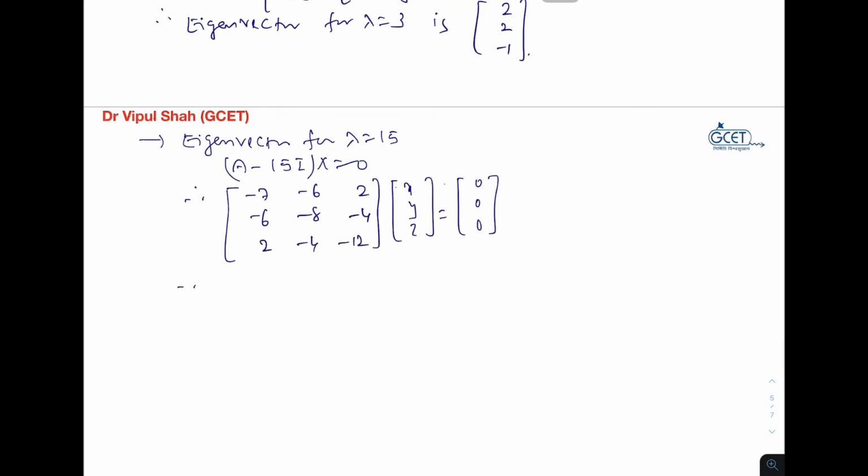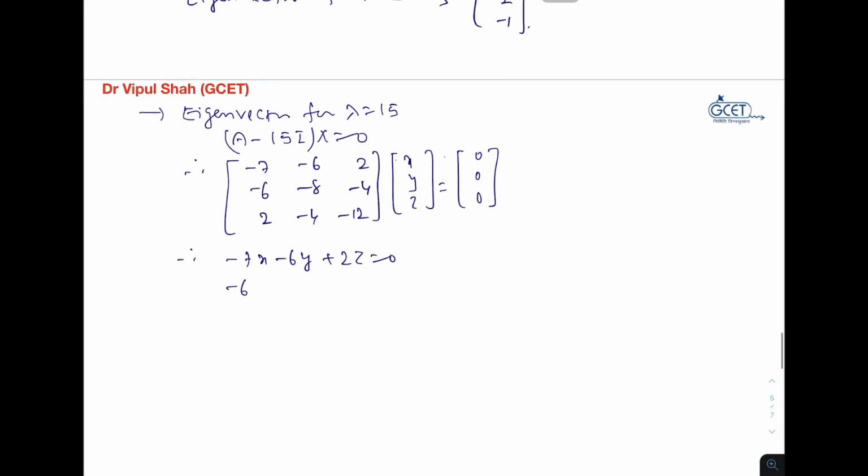Okay, and therefore minus 7x minus 6y plus 2z equal to 0, minus 6x minus 8y minus 4z equal to 0.